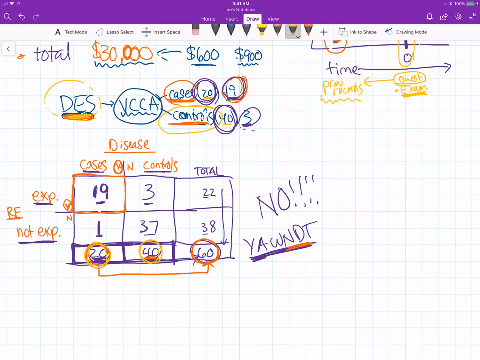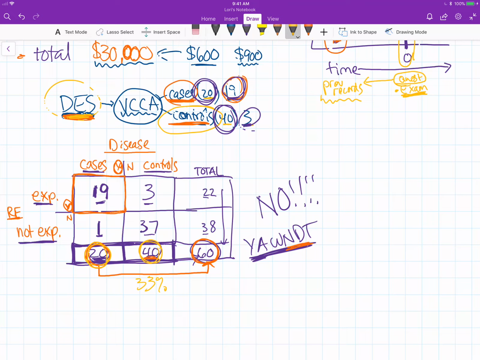That does not mean that 33% of my overall population out in the whole entire state, city, county, whatever my baseline population is, has this particular disease. I have intentionally caused there to be that proportion in my study by manipulating the groups.